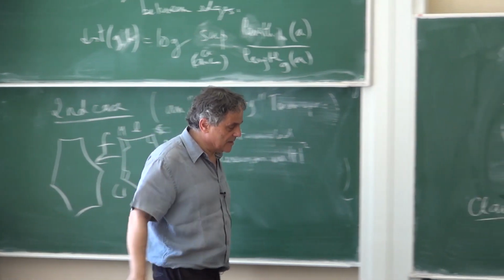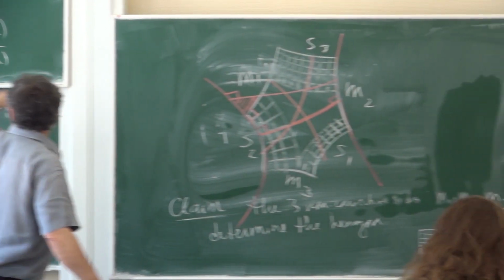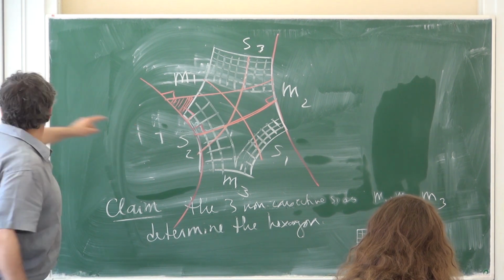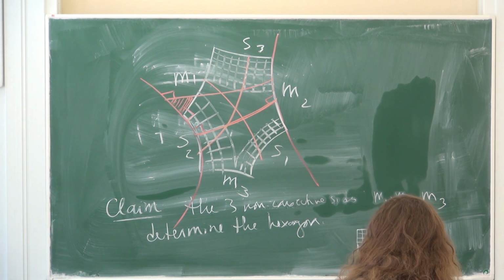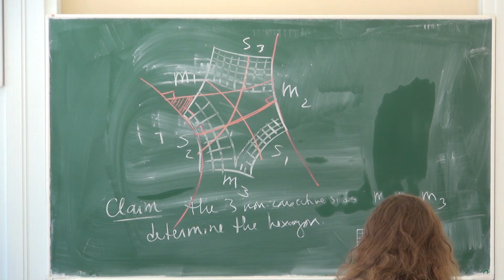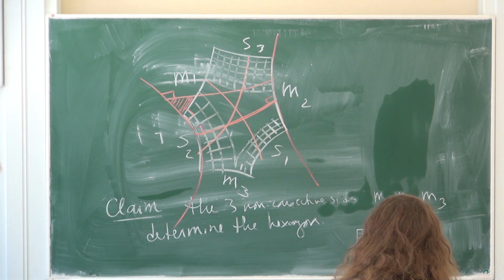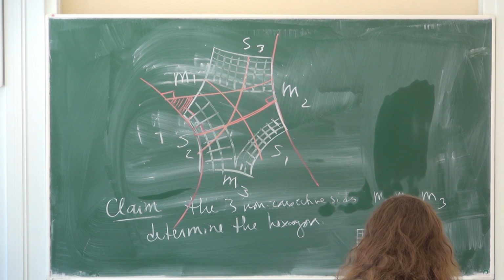If this supremum is 1, that is, if the length is 0, then the two hexagons must be, I suspect, in fact, I'm almost sure, I've never checked this, they must be isometric and so on, and then you can develop this theory here.